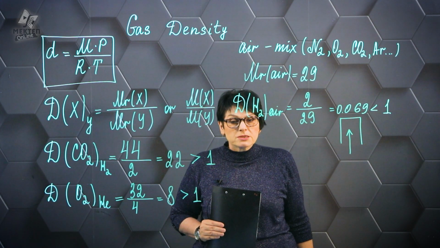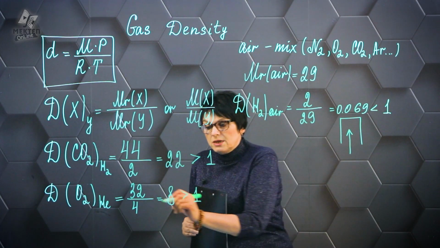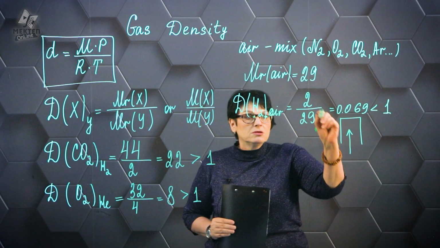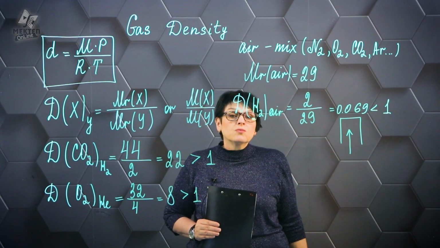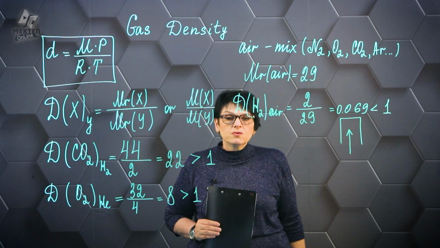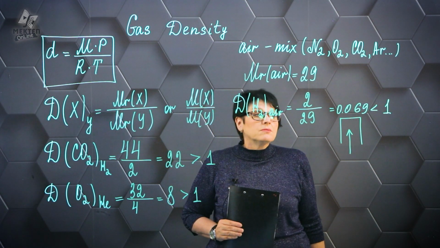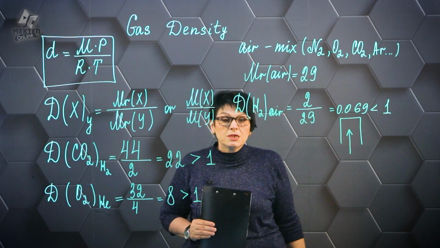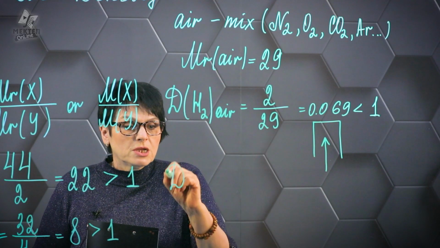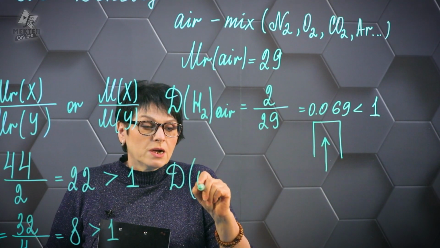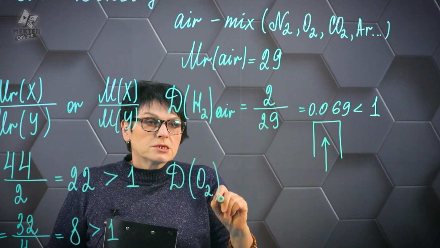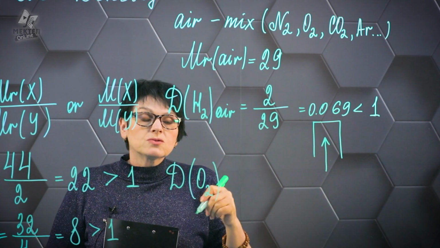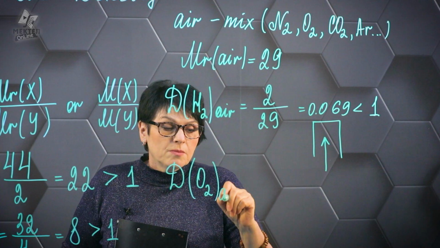Helium is used, and helium has a mass of 4, and it is not difficult to calculate that the density of helium in relation to air will be less than 1. So now helium is used for these purposes. And now let's calculate the density of oxygen gas, which we, on the contrary, inhale together with air, in relation to air.